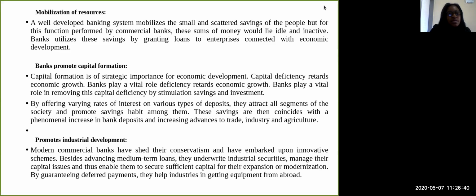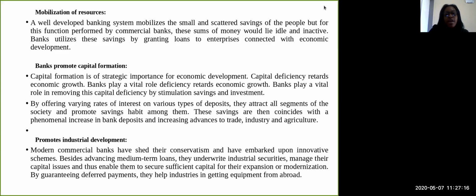The next is banks promote capital formation. Capital formation is of strategic importance for economic development. Capital deficiency retards economic growth. Banks play a vital role in removing this capital deficiency by stimulation of savings and investments in the economy.